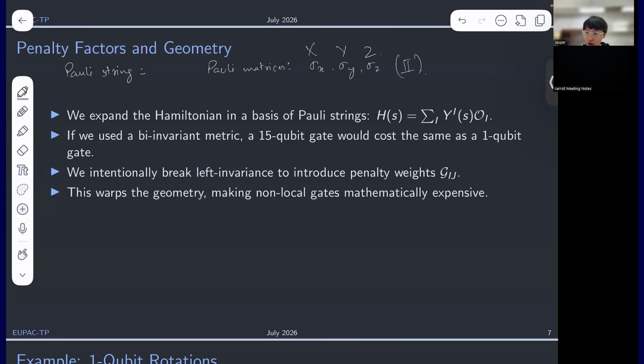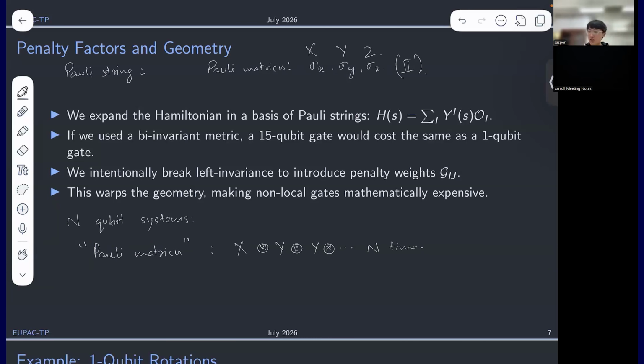For a multiple qubit system, let's say an n qubit system, we will have new Pauli matrices, which will be tensor products of all these matrices, such as X tensor Y tensor Y, and so on, n times.